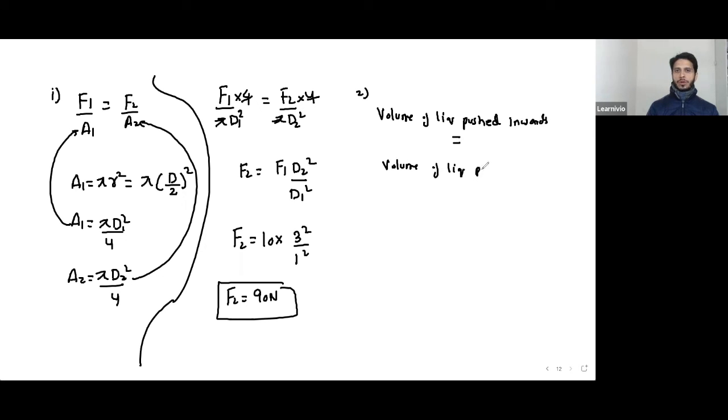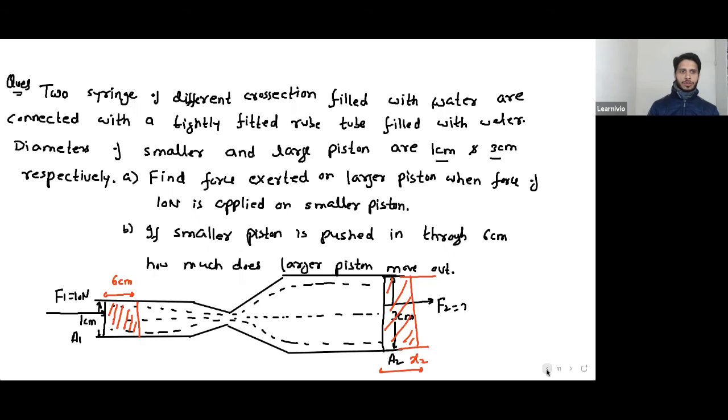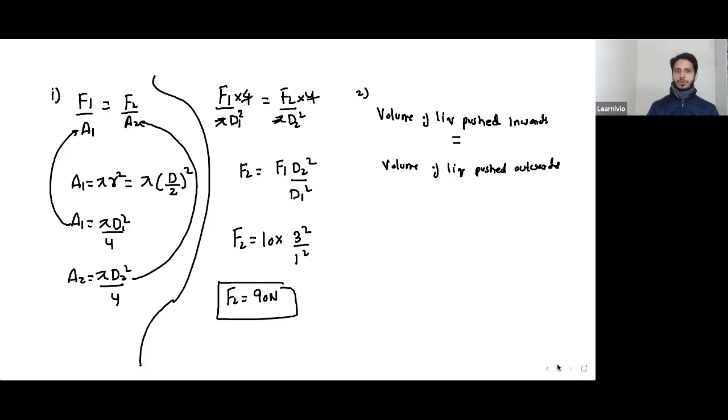The volume of liquid pushed inwards is this area of cross section multiplied by 6 centimeter, and the volume which is pushed outwards is here the area of cross section multiplied by x2. So you can write this as A1 into x1, which is equal to A2 into x2.